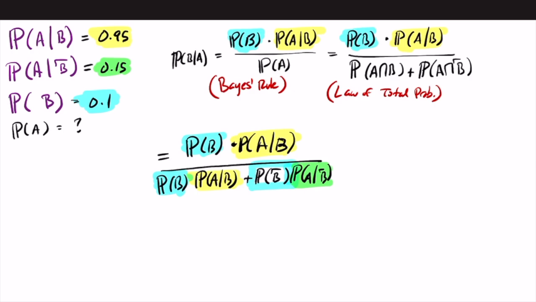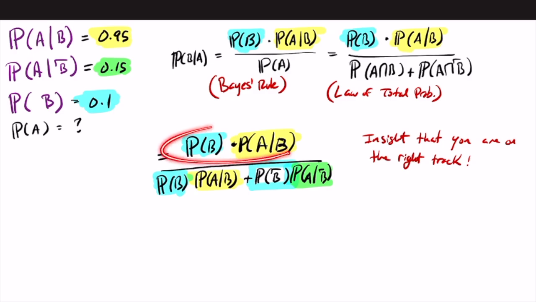Okay, so let's start filling in some of these. And one particular thing to note as an insight that you are on the right track, that you're doing good, is that you have things in the numerator that you also have in the denominator, because that allows us to make the math easy.